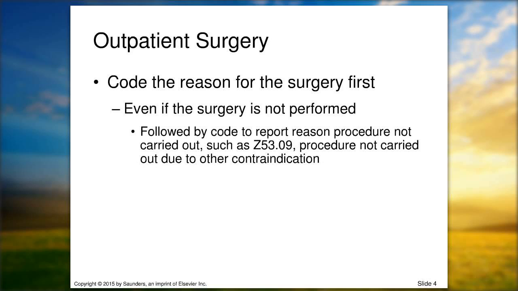So we always code for the reason of the surgery. If the surgery is not performed, we still code for the surgery, and then the reason why the procedure was not carried out. So let's say, for instance, the procedure was not carried out due to another contraindication. We would use Z53.09.